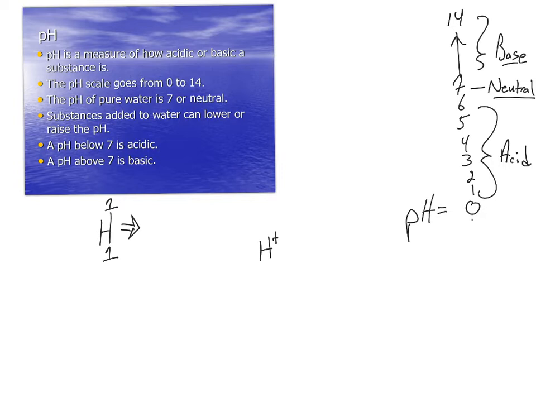And the answer is yes, that's right. Hydrogen ions are basically a single proton. A neutral hydrogen atom is one single proton and one electron. That's the simplest atom there is.